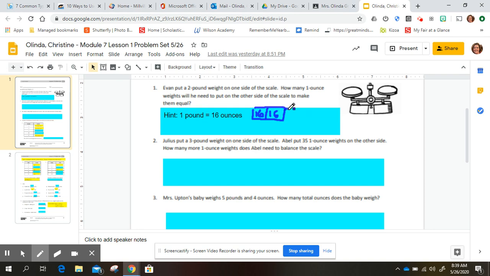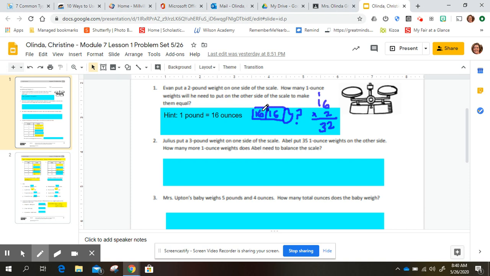I want to know what is 16 plus 16 or 16 times 2, and that would give me the total ounces. So if I did 16 times 2, I would get 32 ounces. So how many 1-ounce weights will he need?